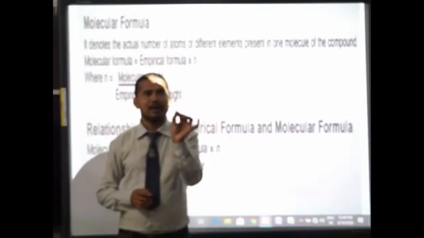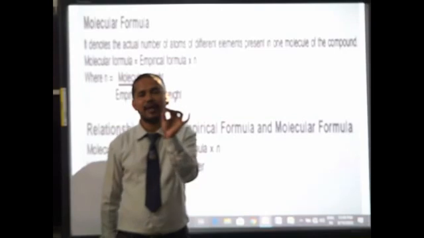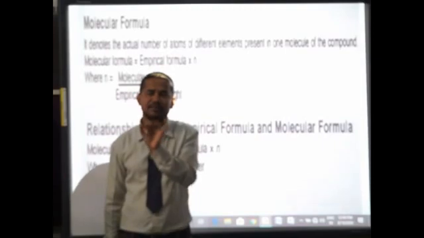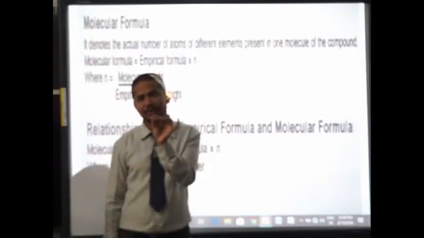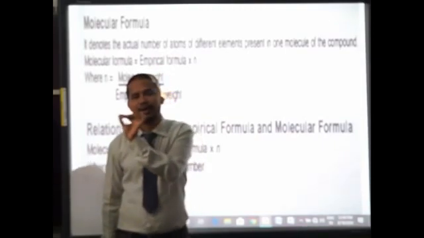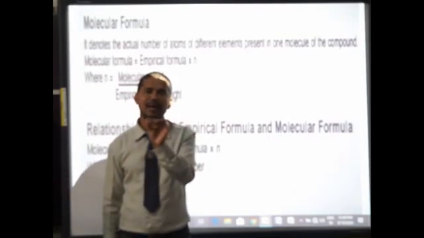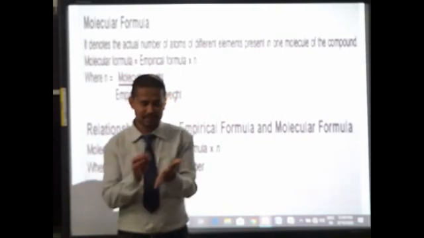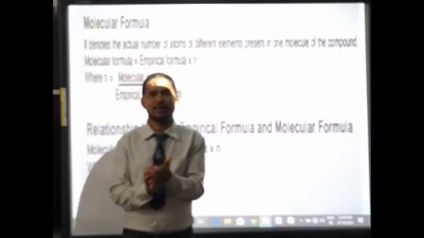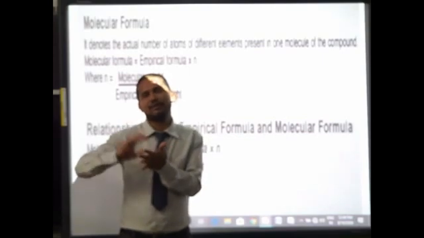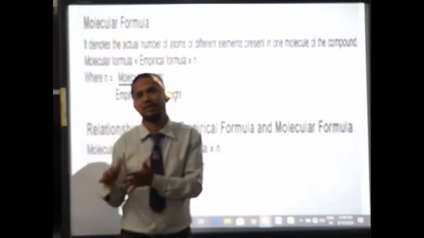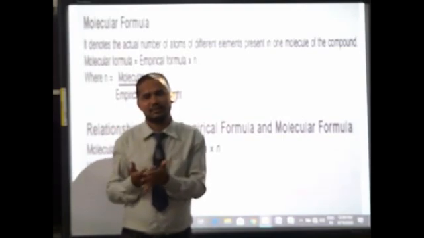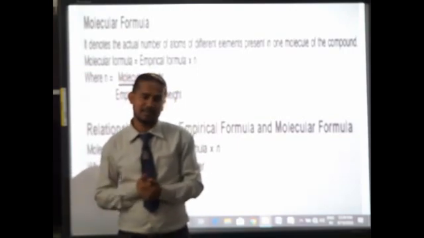And if I say 44 amu of carbon dioxide, it means the relative molecular mass of carbon dioxide. But if I say 44 gram of carbon dioxide, it means the molar mass of carbon dioxide, which is equal to the gram molecular mass. That means the molar mass of a molecule is equal to its gram molecular mass. The molar mass of an atom is equal to its relative atomic mass.